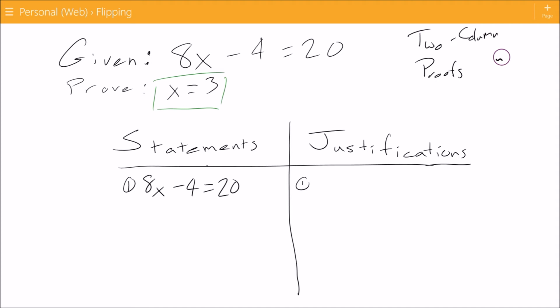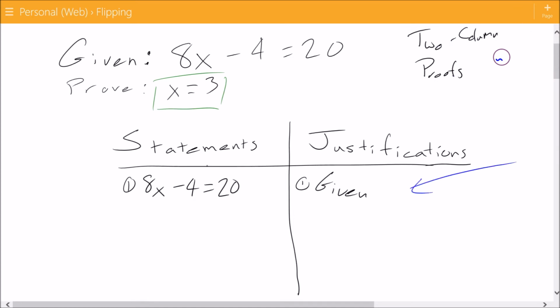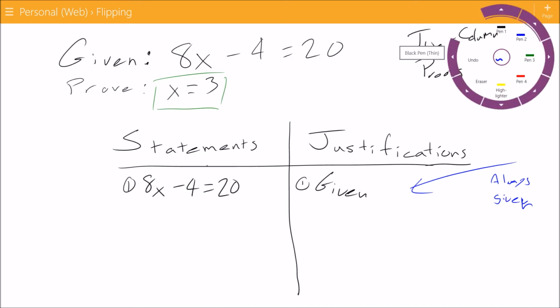And my justification, the reason that I'm putting it here, is that this is given to me. Always, always, always. You always are given your first step. If you don't have this, you have nowhere to go. You've got nothing to work from. So given is your first step.